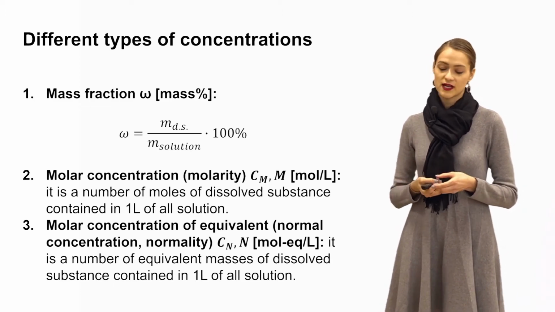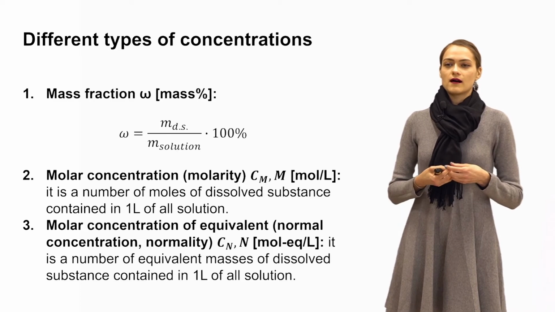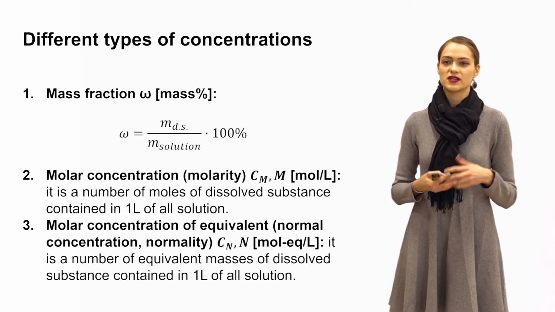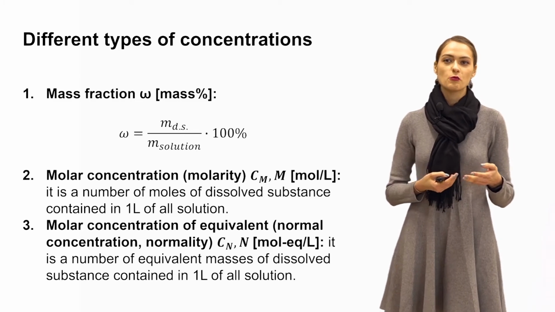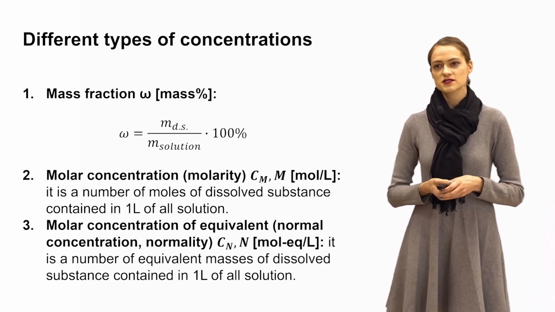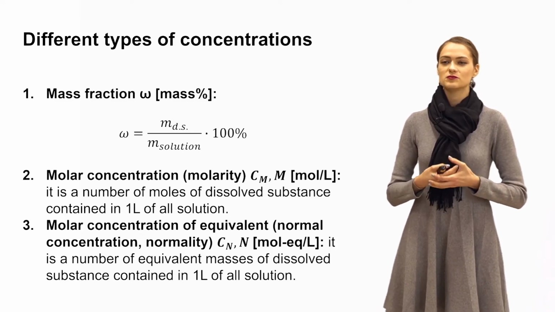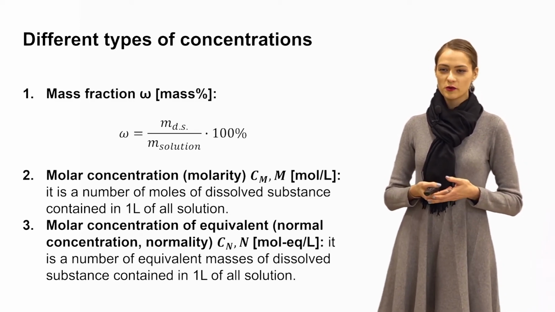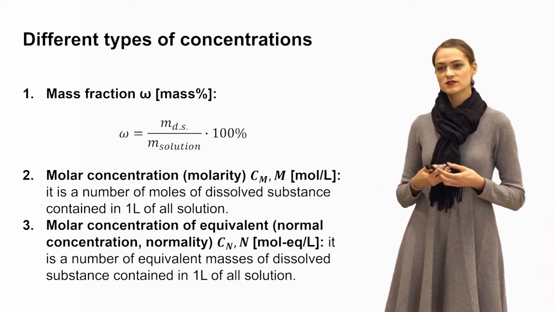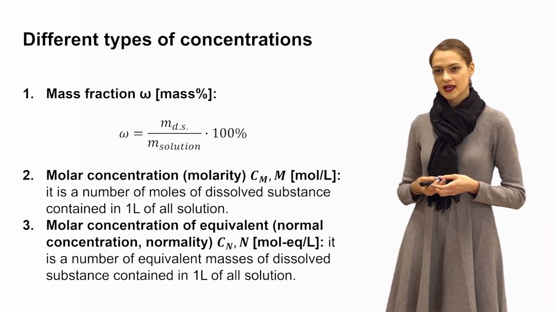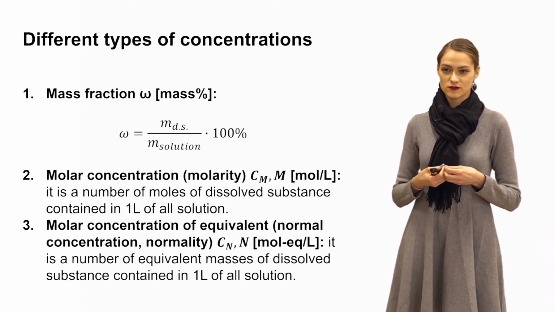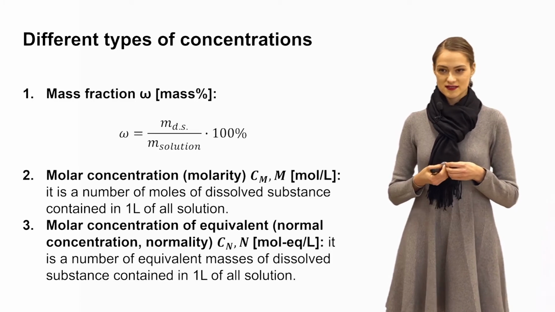It is almost the same as molar concentration, but in molar concentration we take the number of moles of the dissolved pure substance, while in normal concentration we take the number of equivalent masses and dissolve it in 1 liter of the whole solution.